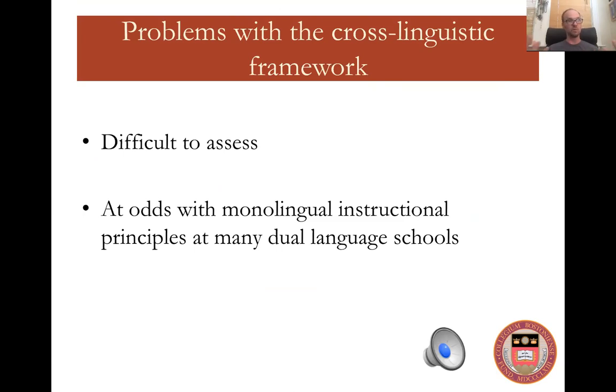That is, a more strict separation of languages. So the idea of translanguaging is not exactly welcomed in all dual language contexts, because in many cases we're trying to protect Spanish, and we don't want to let English in too much because we want to really elevate Spanish as much as possible. So that can be a challenge.